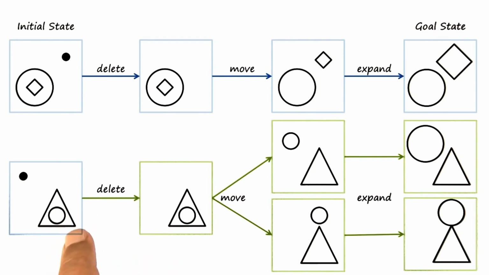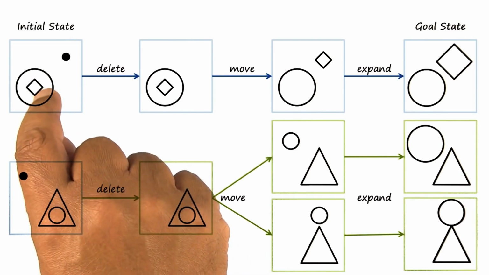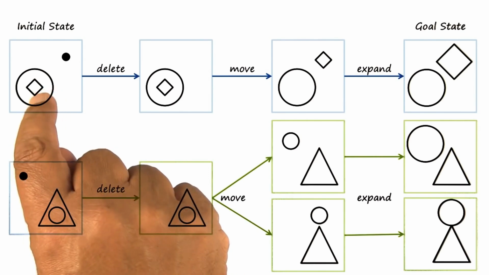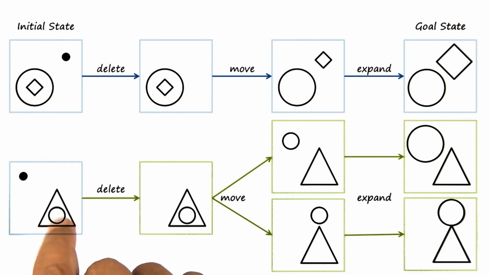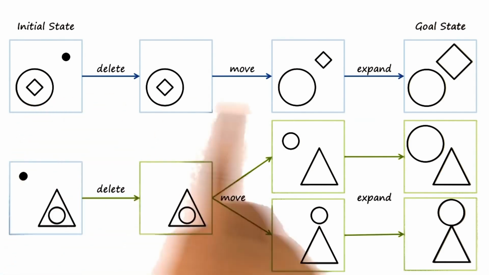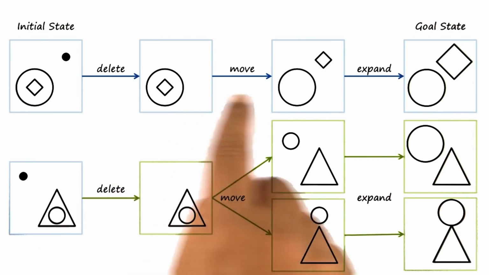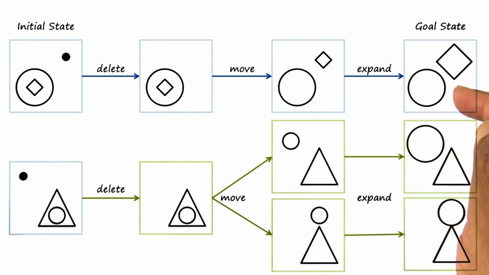It is that inside relationship that hints that this circle must correspond to the diamond, because here the diamond is inside and here the circle is inside. So note then that the representation allows us to answer several questions about similarity, about correspondence. And when we have methods like means-ends analysis, then we can do a systematic analysis of these transformations and try to transfer this set of transformations to the new problem.